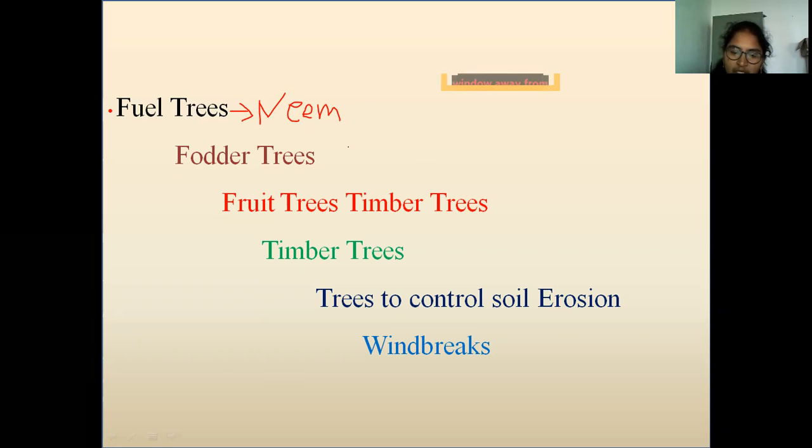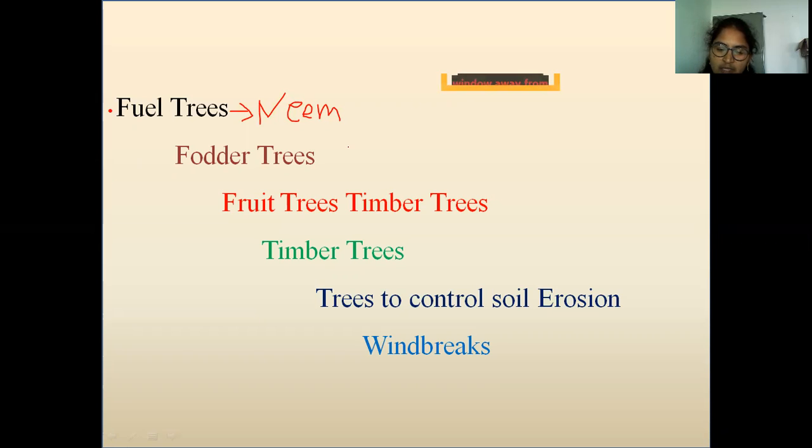And timber trees are coconut, jamun, teak, bamboo, pine, etc. Coming to trees that control soil erosion, that is neem, bamboo, mulberry.